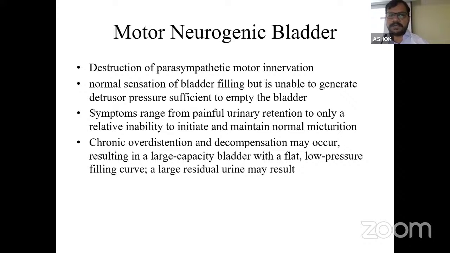Motor paralytic bladder: destruction of parasympathetic motor innervation, with normal sensation of bladder filling, but the bladder is unable to generate detrusor pressure sufficient to empty. Symptoms range from painful urinary retention to only a relative inability to initiate and maintain normal micturition.